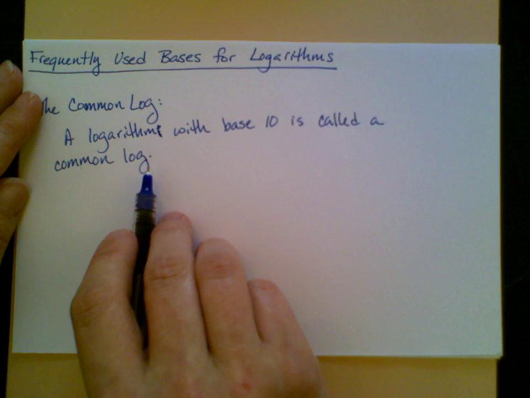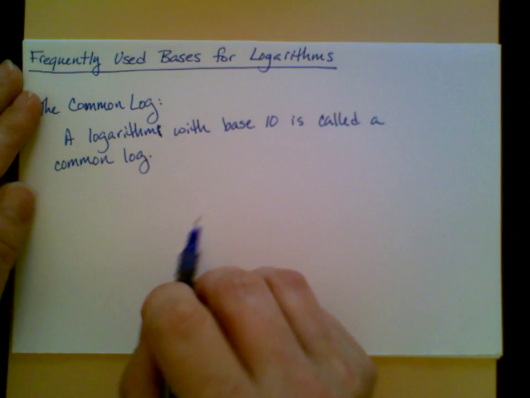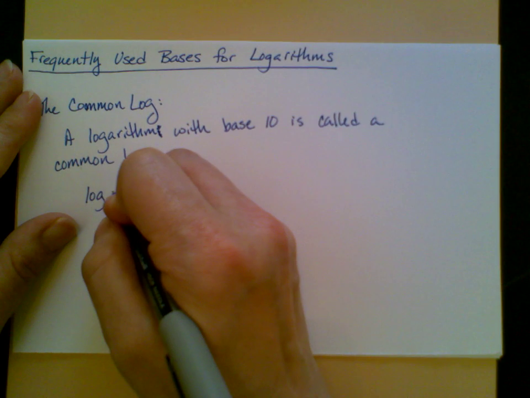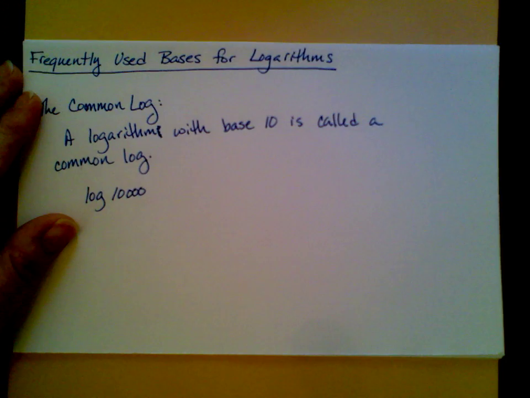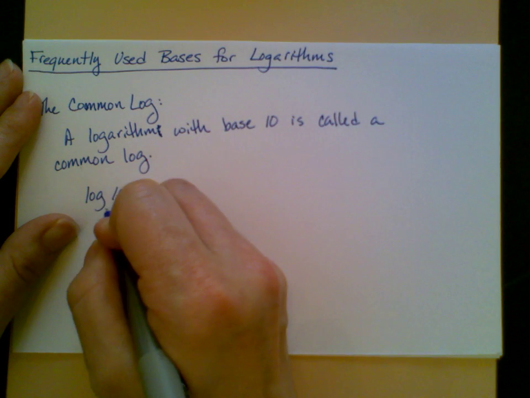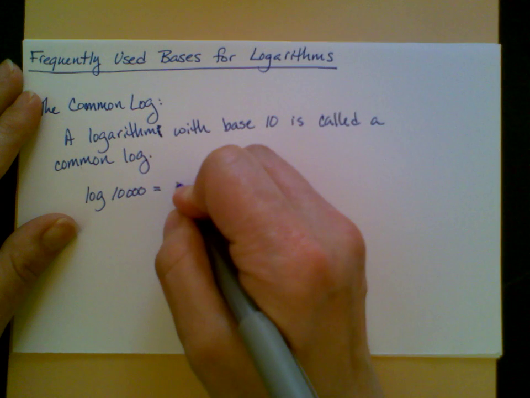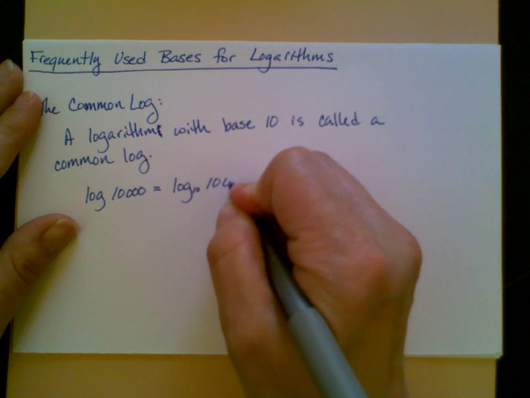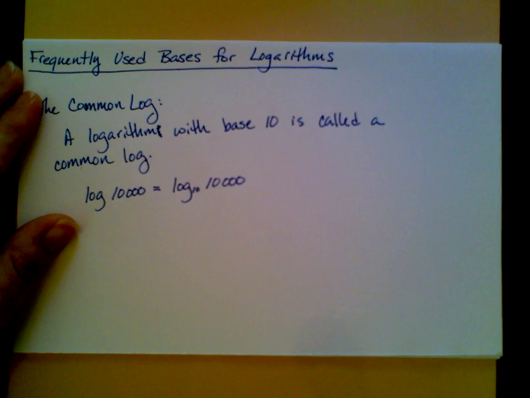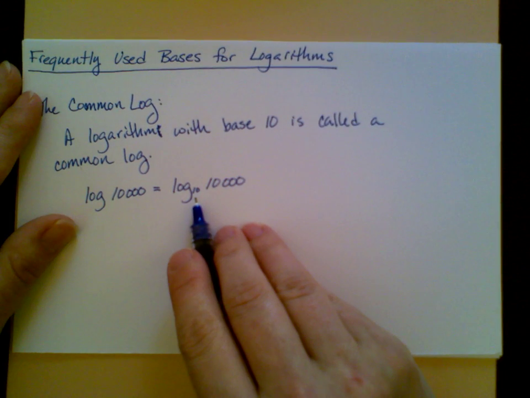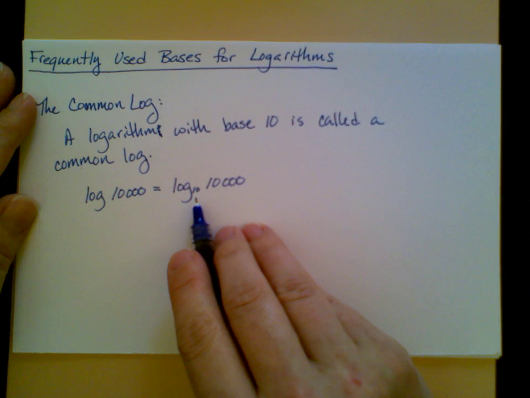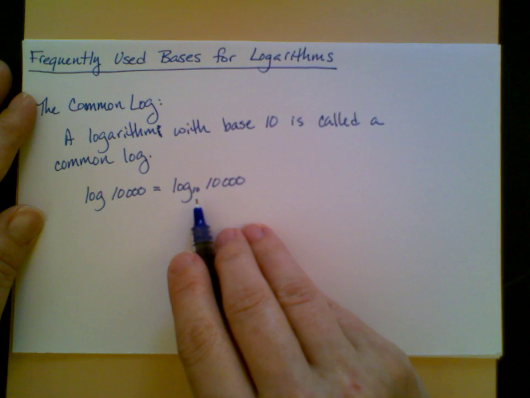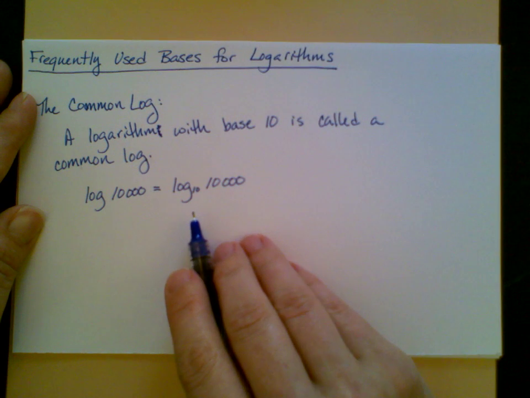When we write a logarithm without a base explicitly written, so if I write log of 10,000 without my base explicitly written, we always assume that we're talking about a common log of base 10. That's an assumption that we are making in this class and is made in many books and programs.